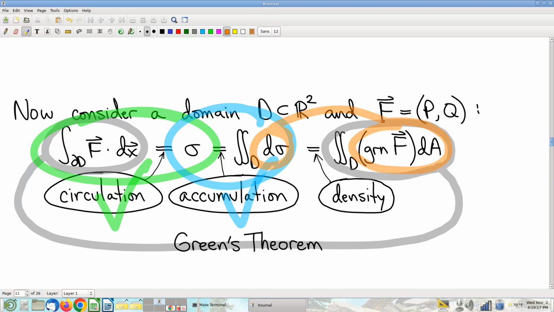That little pieces of circulation relate to little pieces of area by way of a density. So Green's operator is our density, and again, use your favorite alternative notation to put in there. And altogether, we have ourselves Green's theorem.